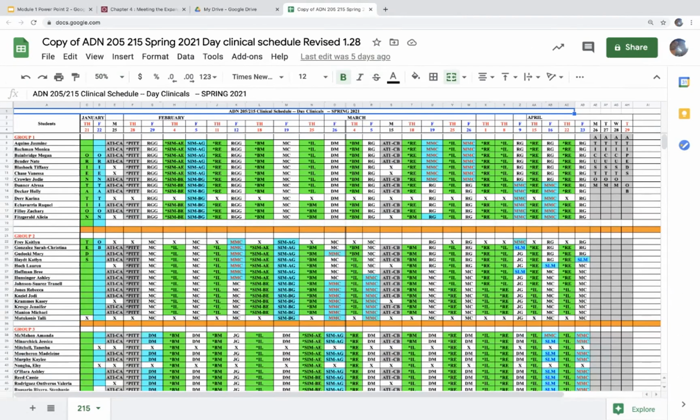So for the day group, my plan, now I'm looking at the weather again, and they're calling for snow again on Friday, 1 to 3 inches. So my thought is I really want to move forward and give you guys simulation on Friday the 5th, but I do have some wiggle room. I can get you into simulation on April 23rd.